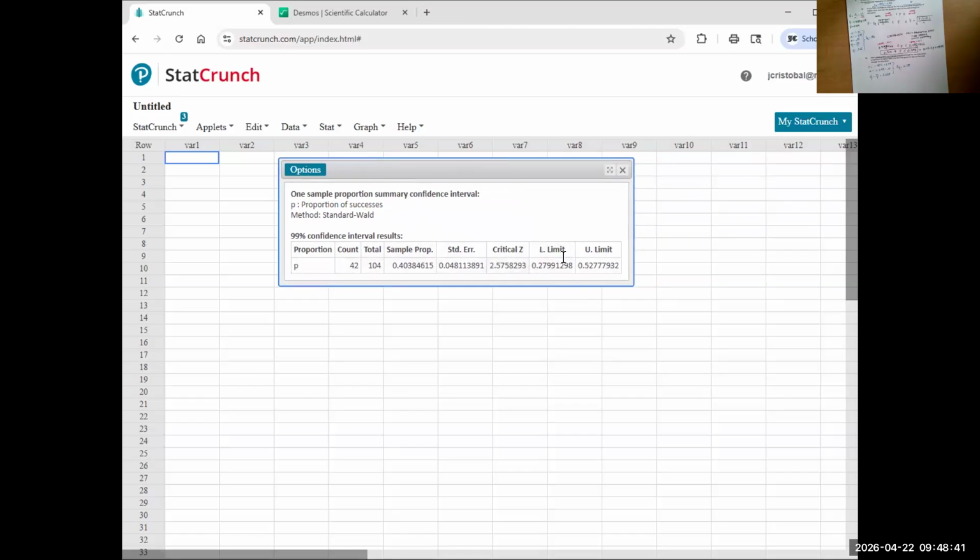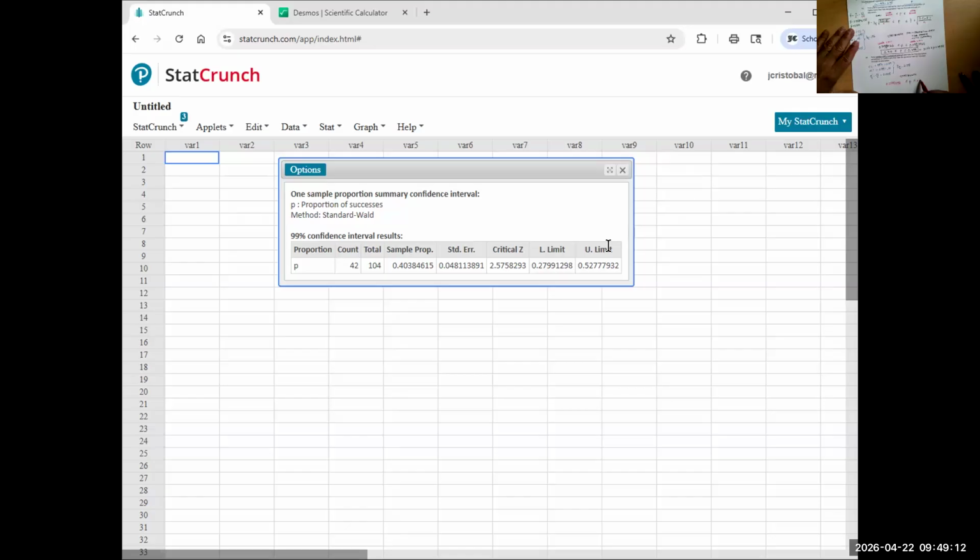So we can do that in our formula like we did a moment ago. But now our lower limit in that buildup, right? So using StatCrunch again, same set of steps, our population proportion is going to be between. And now for that lower limit, I'll put in red, 0.27991298.